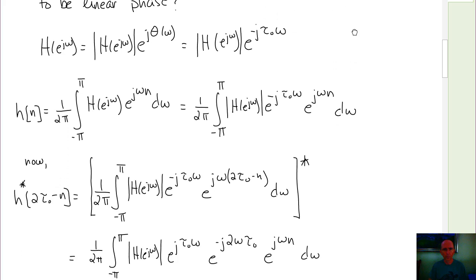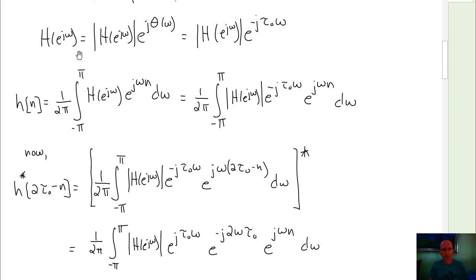Let's start out with our definition, and let's say h of e to the j omega is the frequency response, and let's write it as amplitude and phase. Let's assume that this is linear phase, so our phase is going to be a linear function of omega.